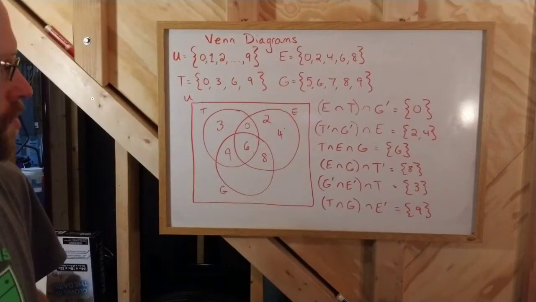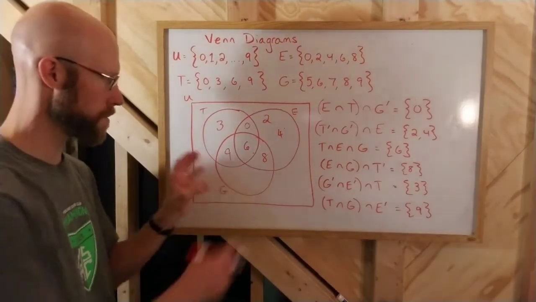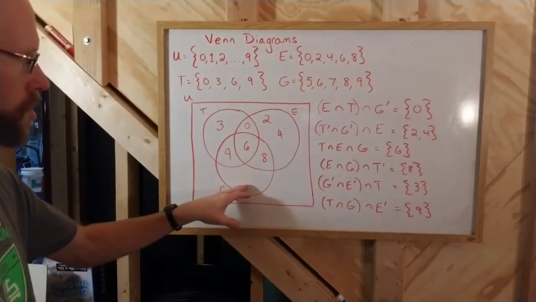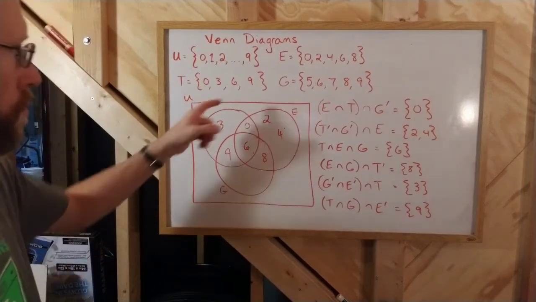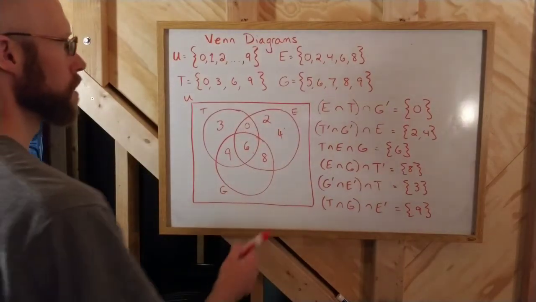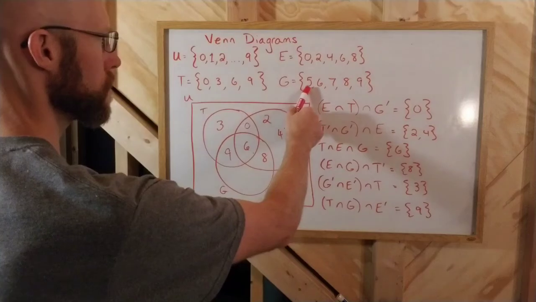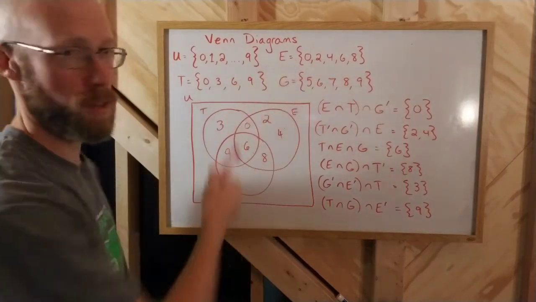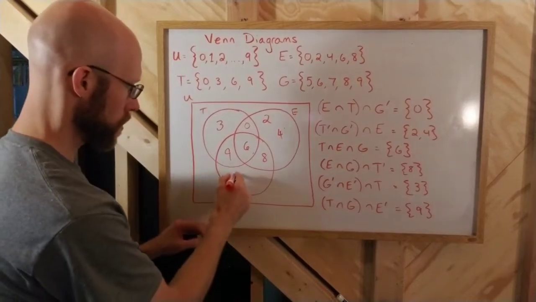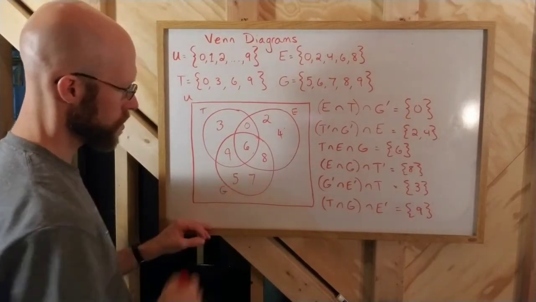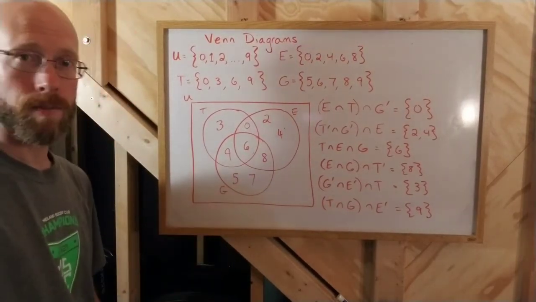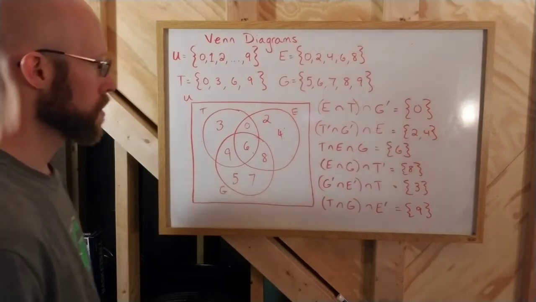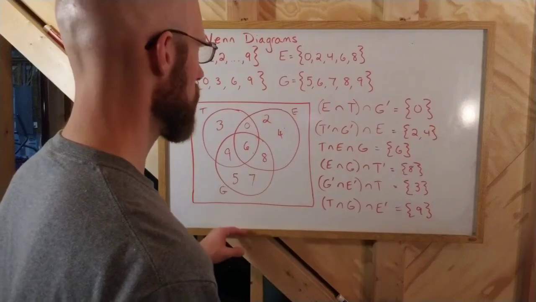All right, so there's 2 more left, one on the bottom and the one on the outside. The one on the bottom here is just in G. So if I look through my list here, 5 was not in either of the other 2, and 7 is not in either of the other 2. So we've got to put 5 and 7 down there. Okay. So I've got that set, 5 and 7.